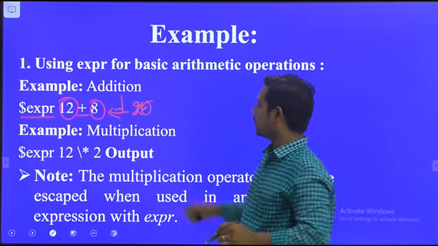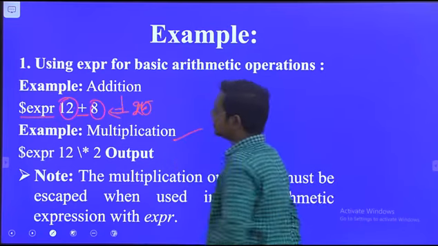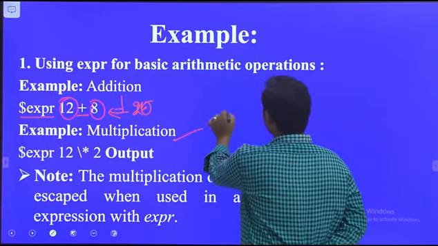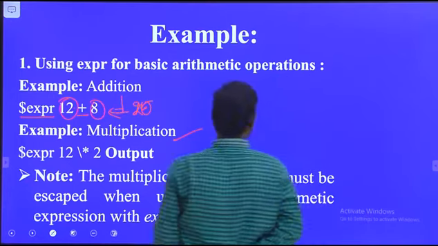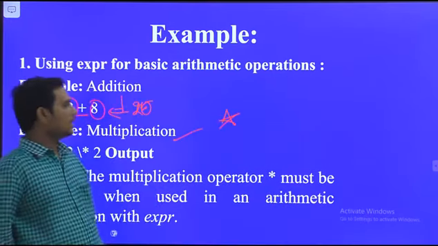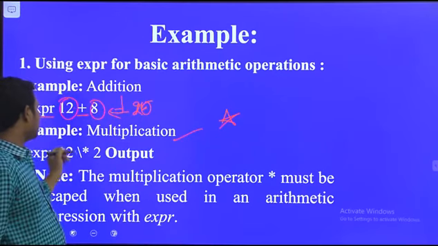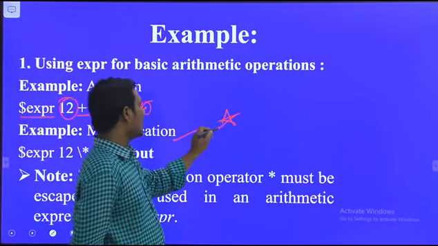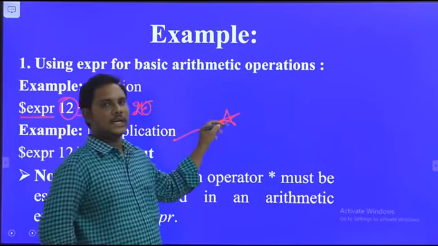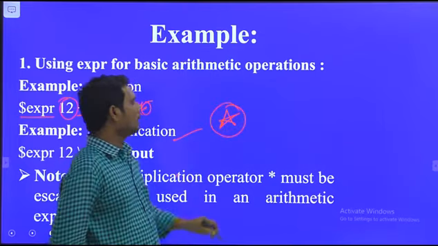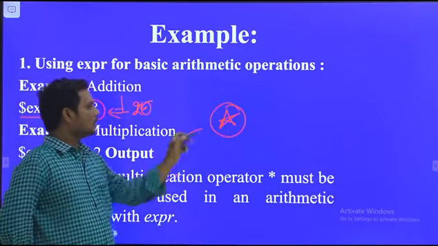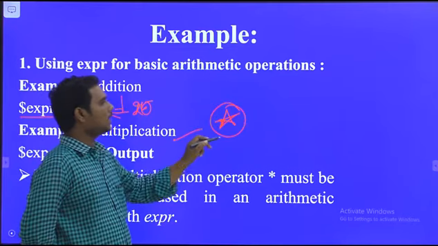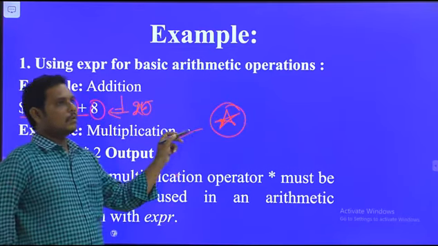For the multiplication operation, one important thing: we know we can normally use the star symbol, but here it does not work properly, because the star, or asterisk, is a meta character. In the shell, the asterisk is used to match one or more files.